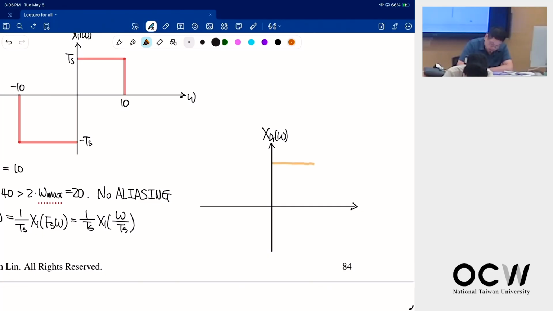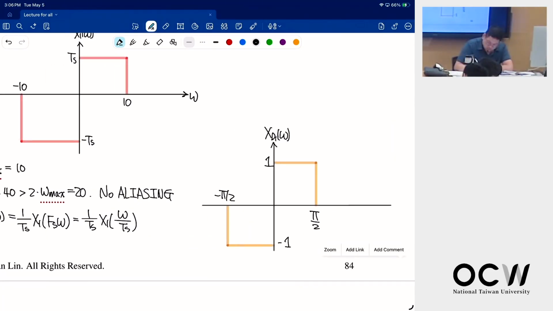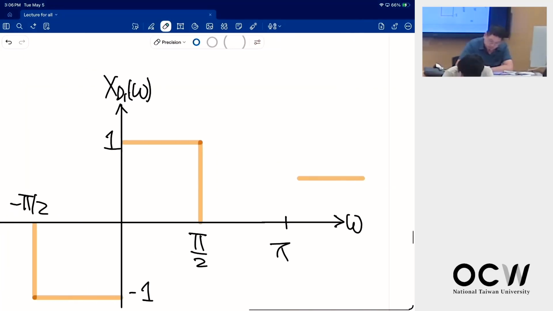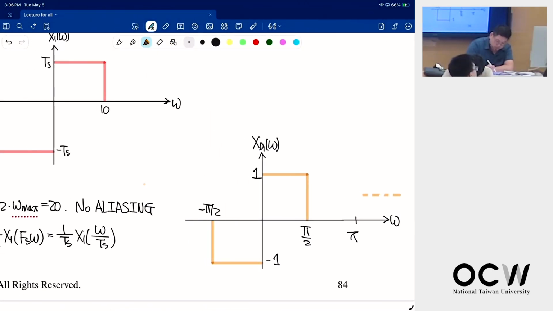Still in this shape. But here is pi over 2, this is minus pi over 2. Here's minus 1, 1, and here is pi, and minus pi, replicate of your signal, because it is periodic, and here as well.